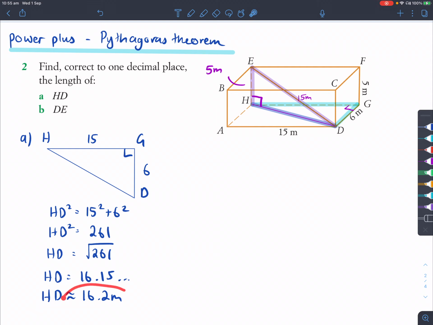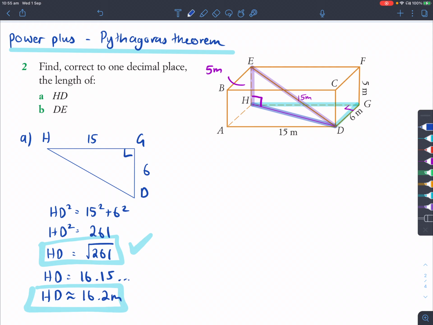That's 16.2. Now, if I was to do this exactly, I would use HD as this value instead of this value, because this is a rounded value, which, if we use it again, is going to cause a slight error in our solutions. So this is much better. I'll teach you how to do this.